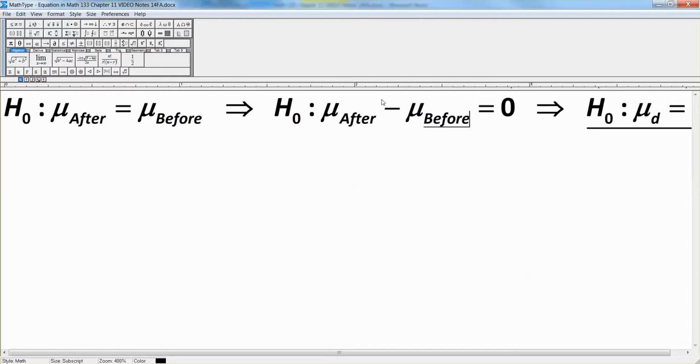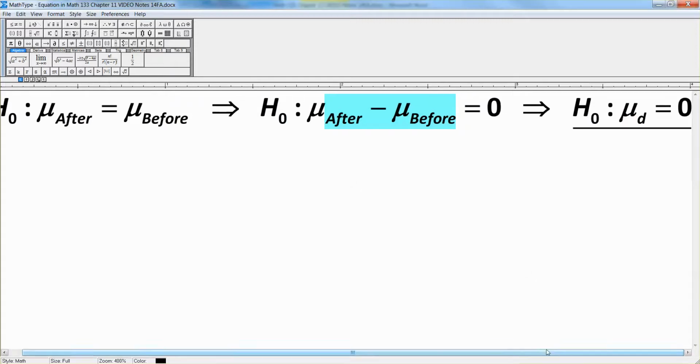If you subtract it from the right-hand side and the left-hand side, over here you're going to have 0, since mu before minus mu before would be 0. And then you'll have mu after minus mu before on the left. And then because this is matched pairs data, we abbreviate this down to mu d, D for the difference between after and before.